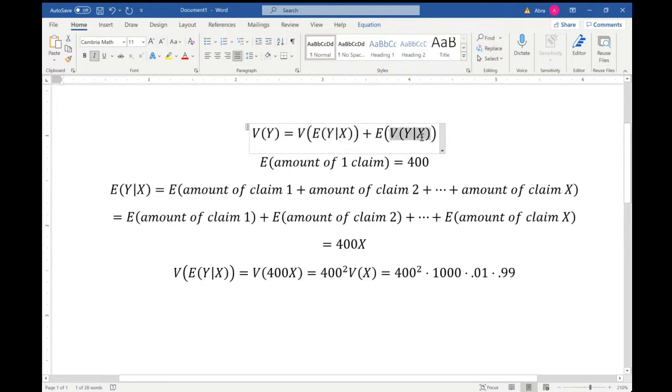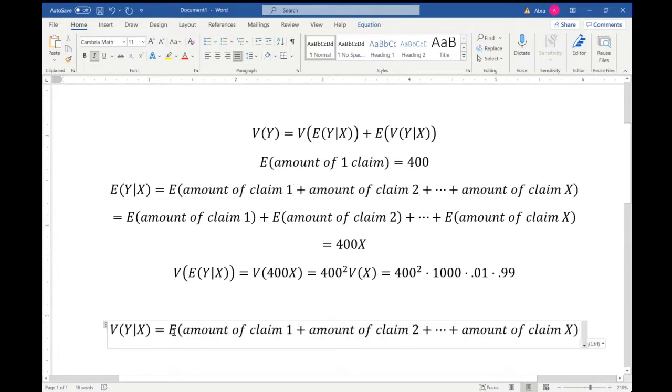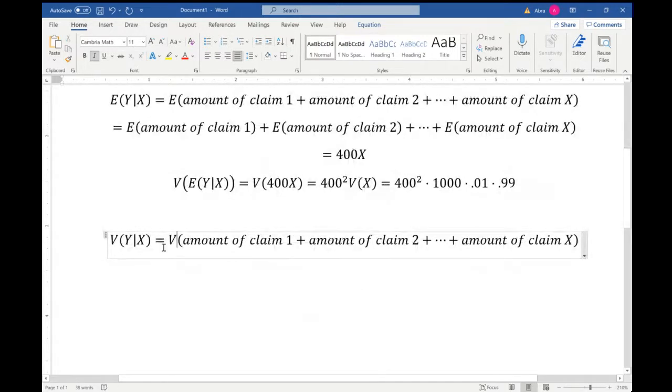So then for the variance of y given x, we're doing the same thing as we did up here, but now we're looking at the variance of the sum of the amounts of each of these claims. So how can we rewrite that?